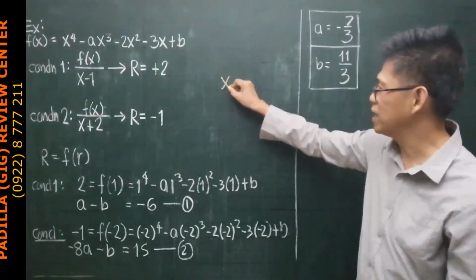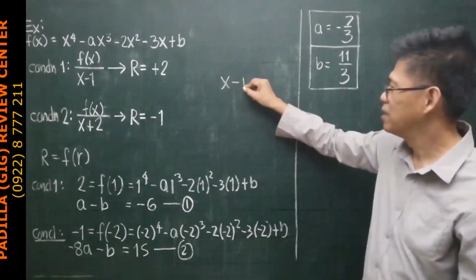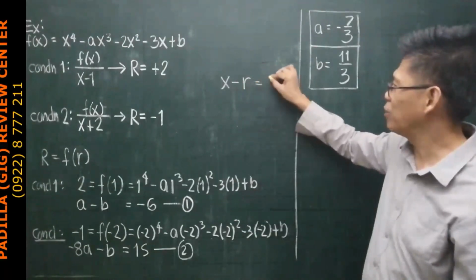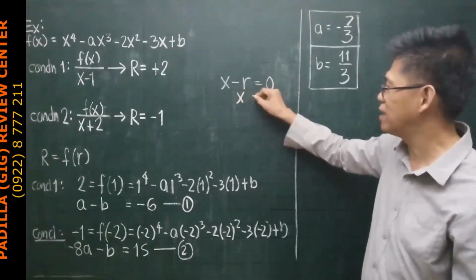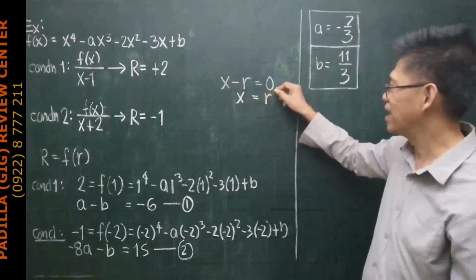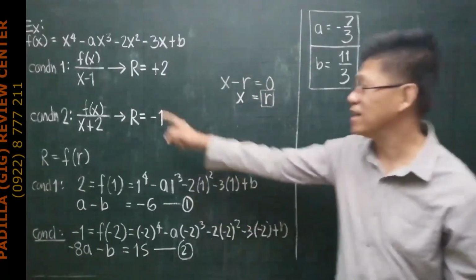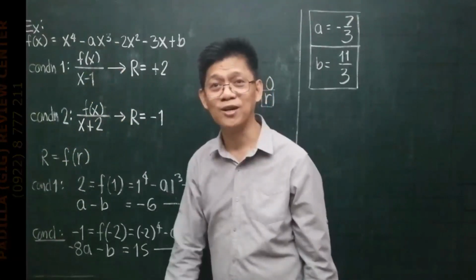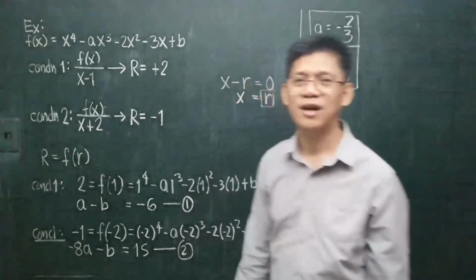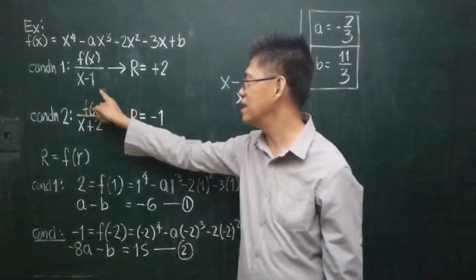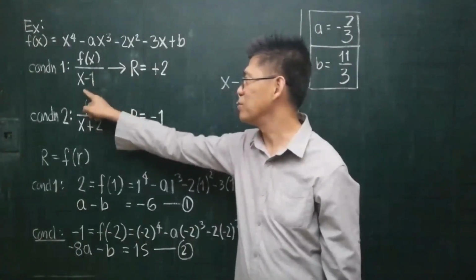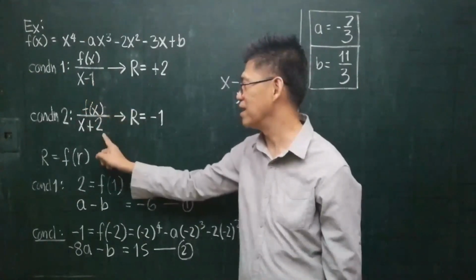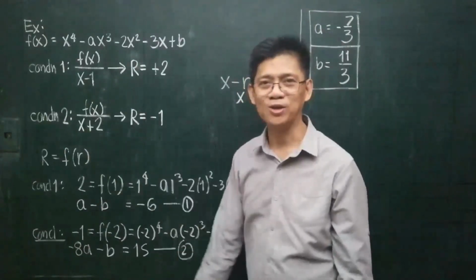Your divisor is in the form of x minus r. When you equate that to 0, the x that comes out is r. So the technique is just solve this equation. When you equate that to 0, the result for x is r. Or r is just the opposite sign of this. Here, r is 1. Here, r is minus 2.